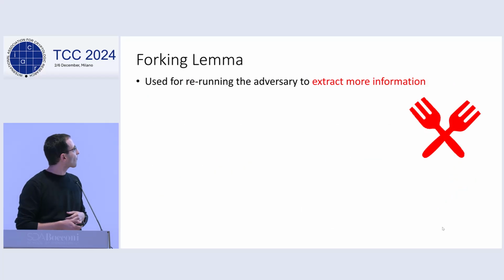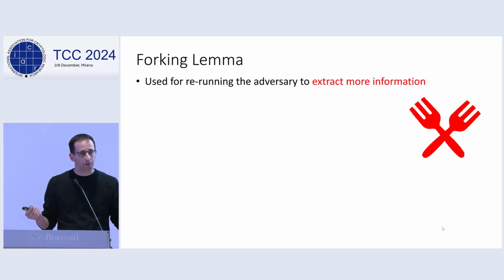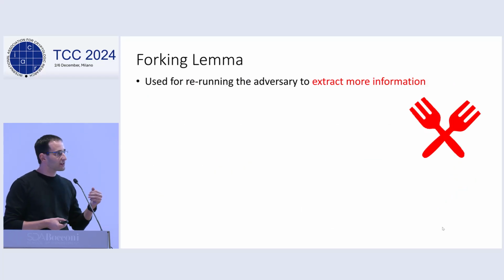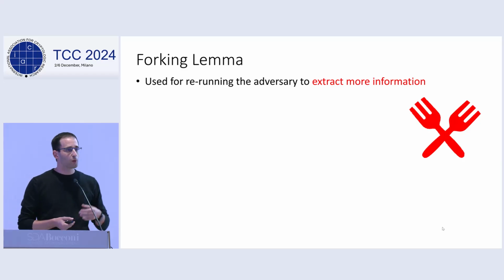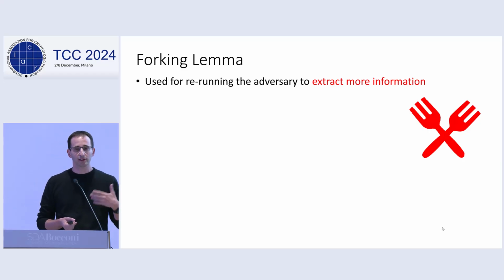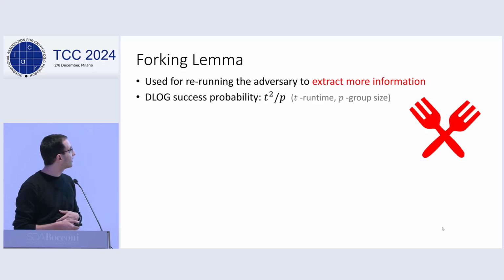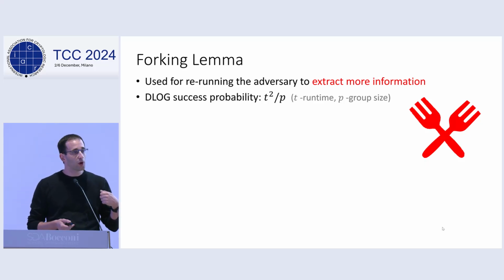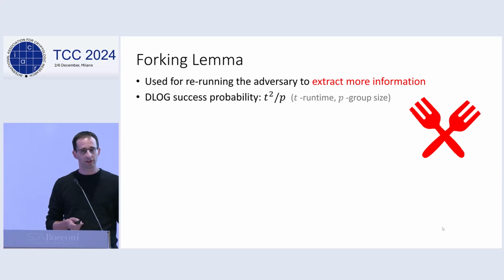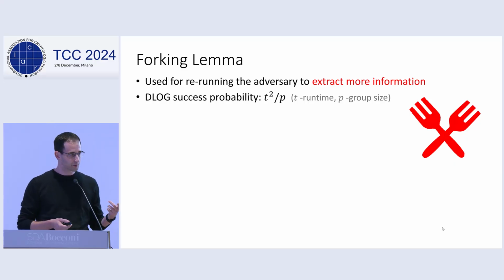One minute about the forking lemma. This is a standard technique where we need to rerun the adversary to extract more information. When we do that, we lose in the success probability of the adversary because we have to run it many times.